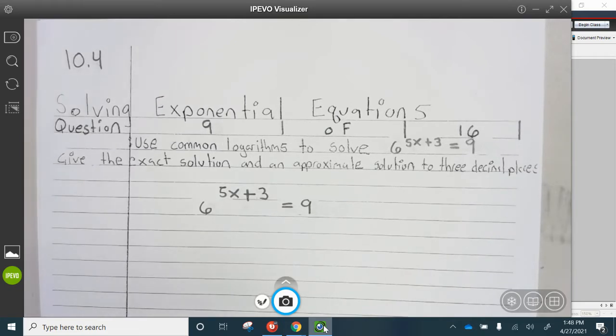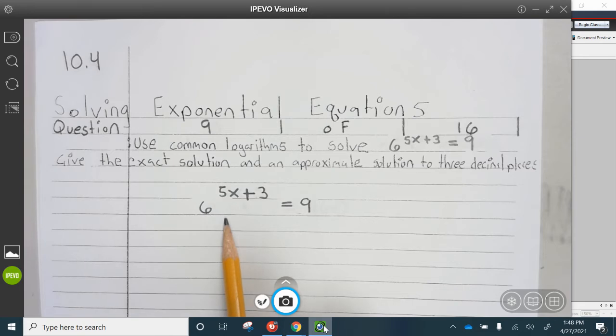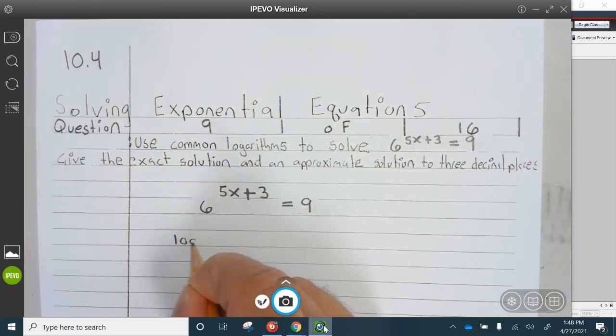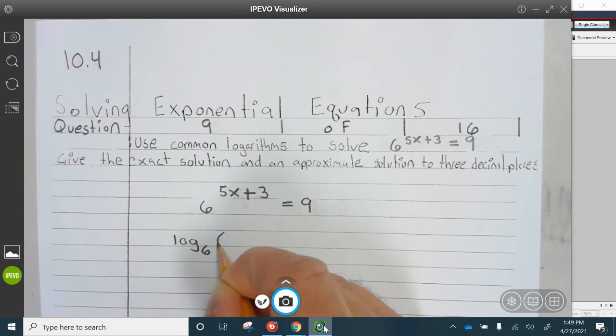Use common logarithms to solve 6 to the 5x plus 3 equals 9. Give the exact solution and the approximate solution to 3 decimal places. All right, so the exponent is isolated, so now we just need to take log base 6 of both sides.